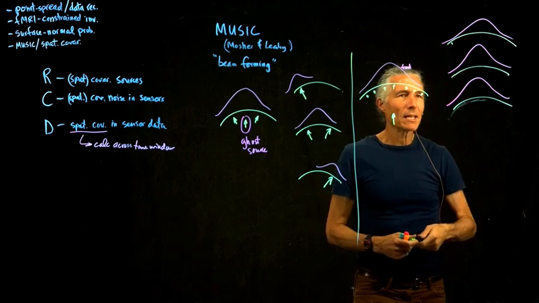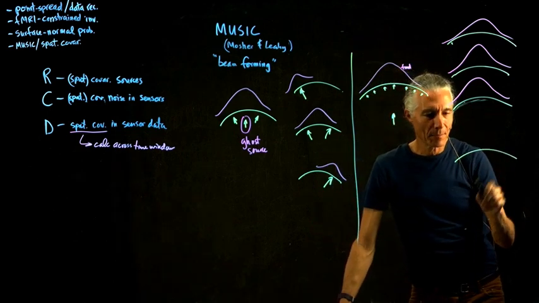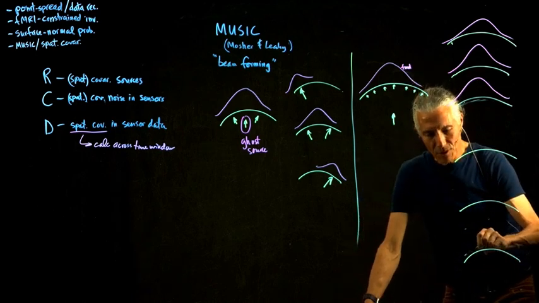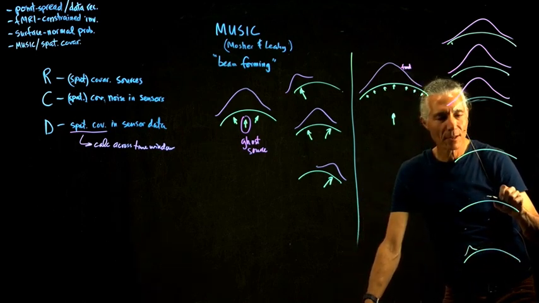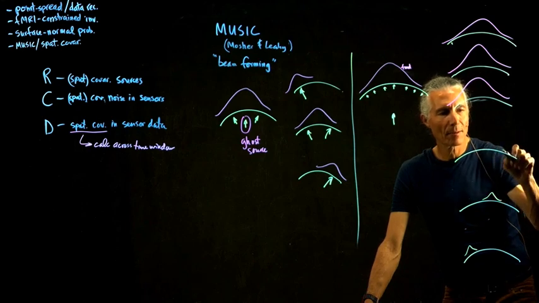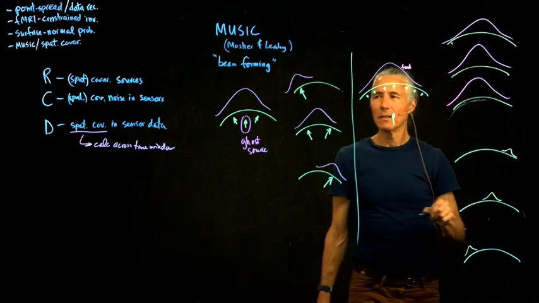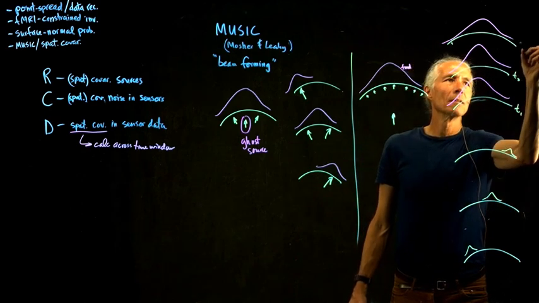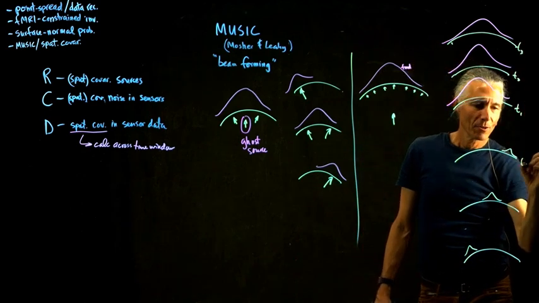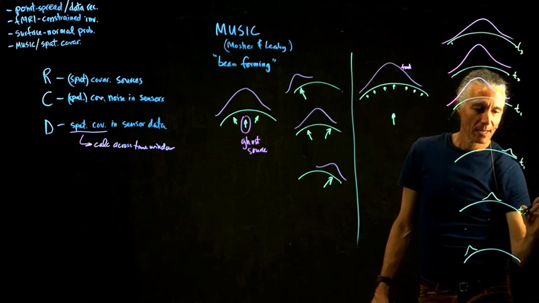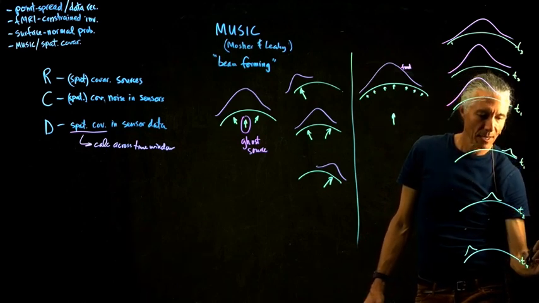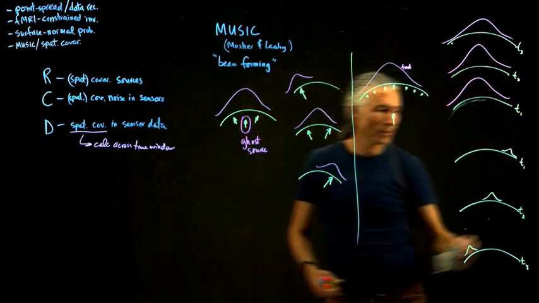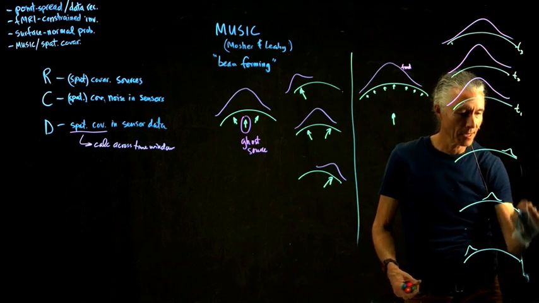But an alternate possibility in your sensor data is that sometimes you get a little surface dipole here, sometimes you get a little surface dipole here, sometimes you get a little surface dipole here. If these are different time points, and we look at the sensor covariance, we're able to actually distinguish these situations from each other by just looking at the data across time.